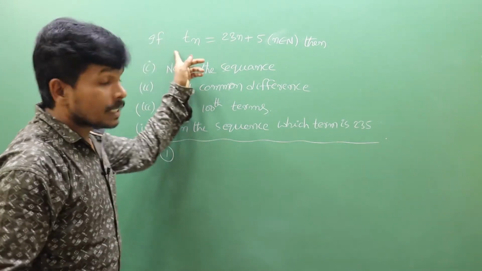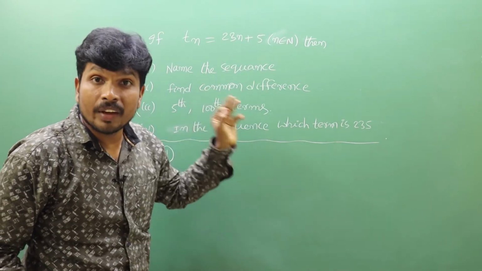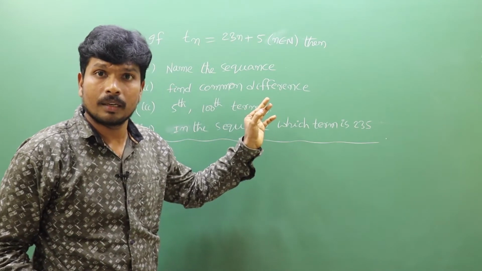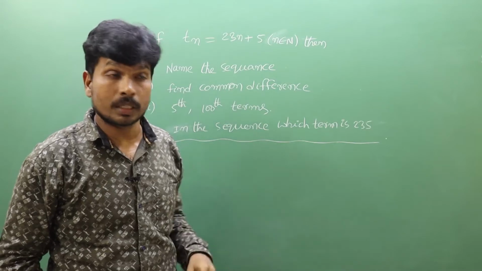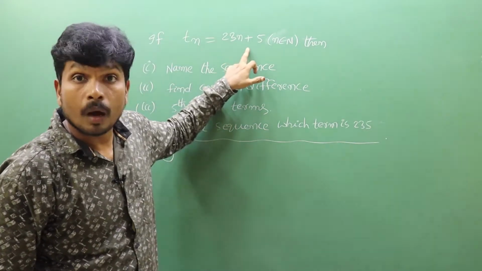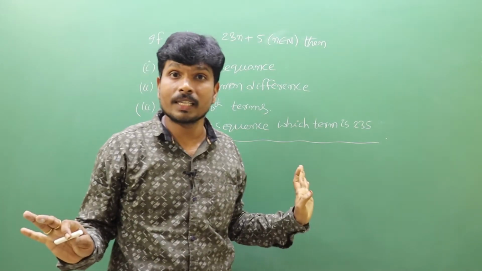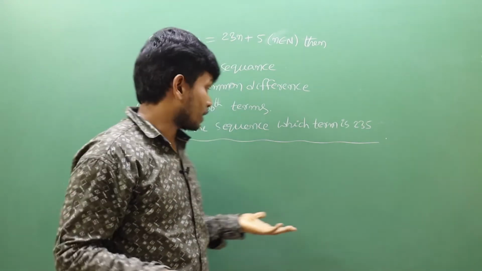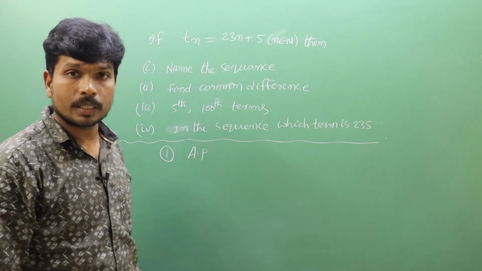Observe, it is a linear expression in n. So every linear expression is an arithmetic sequence or arithmetic progression. If the general term of the sequence is a linear expression, then definitely it is an arithmetic progression. So the first answer is AP, arithmetic progression.